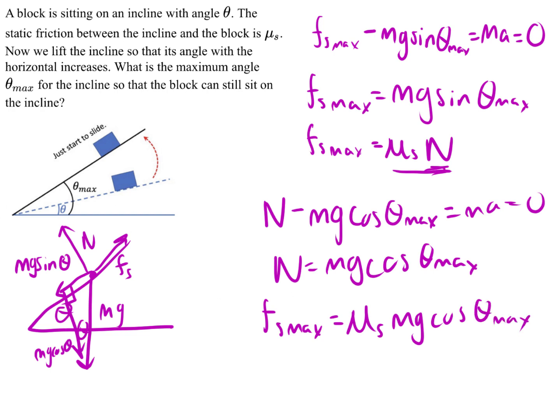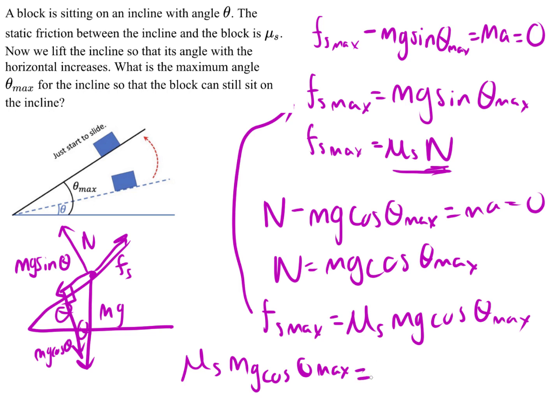Now we can substitute this back into the earlier equation. So the coefficient of static friction times mg cosine theta max is equal to mg sine theta max.